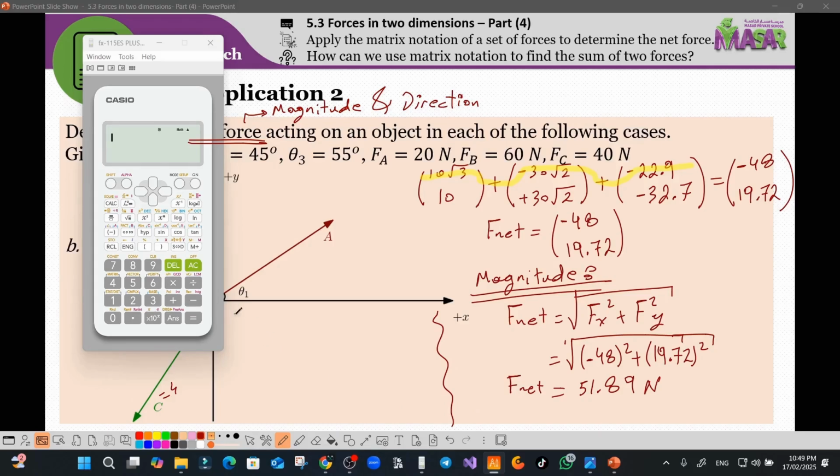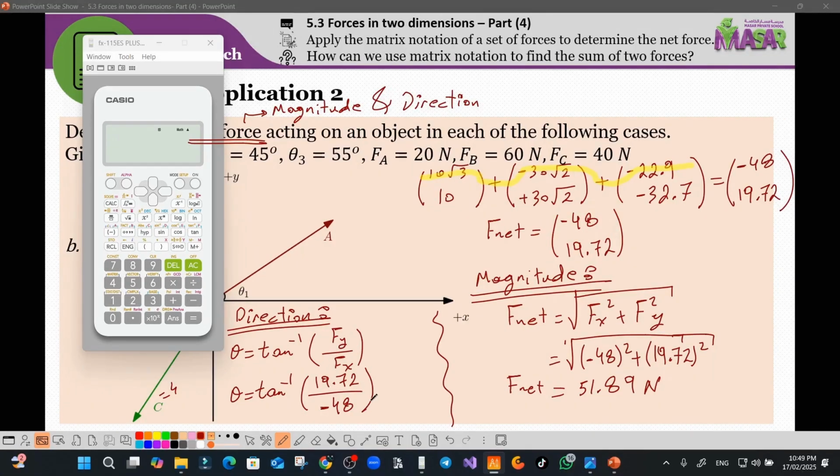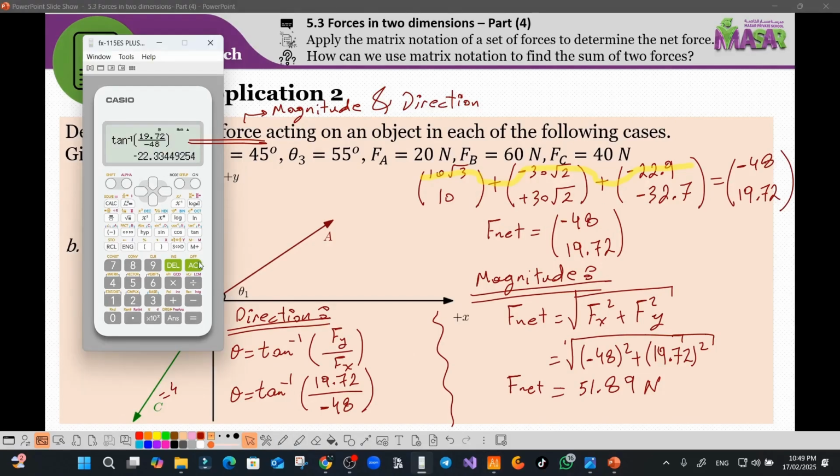Now for the direction, we apply the tangent inverse, the Fy over Fx. Now the value of Fy is 19.72, and the value of Fx is minus 48. So the answer is minus 22.33.